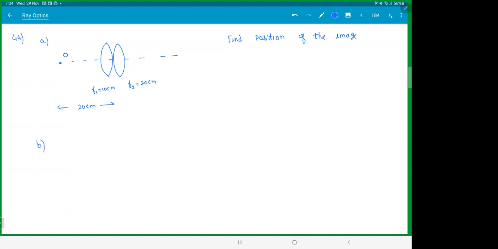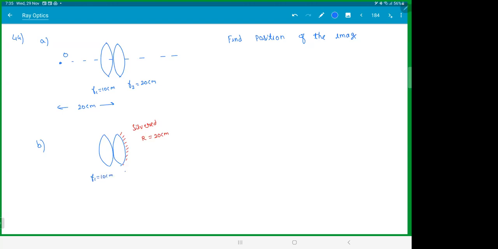It's the same question. You have a lens, but this time someone silvered this side also. And let's say radius is 20 centimeters. Same question.